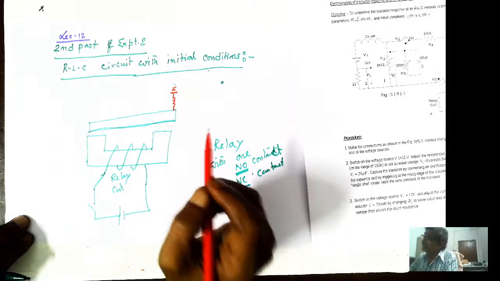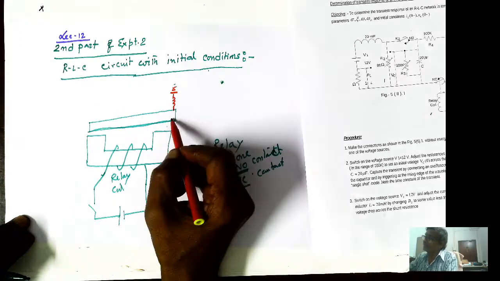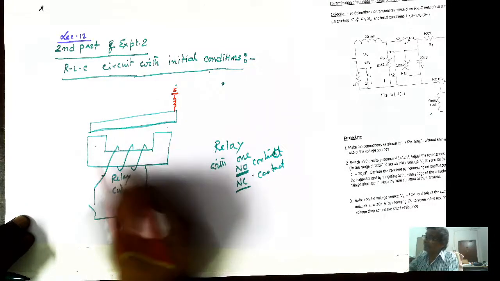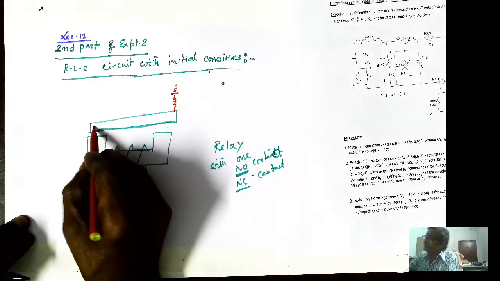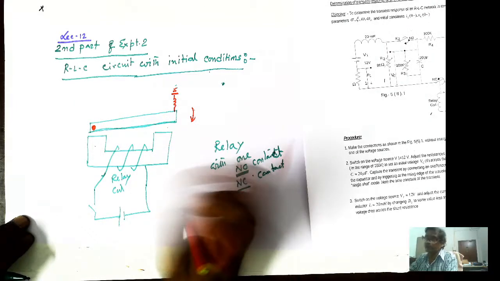Now, if you close this coil, against this spring tension it will be attracted, because this will become an electromagnet, lines of force will flow. And it is hinged at this point, so it will move downwards. This is the armature of the relay coil.